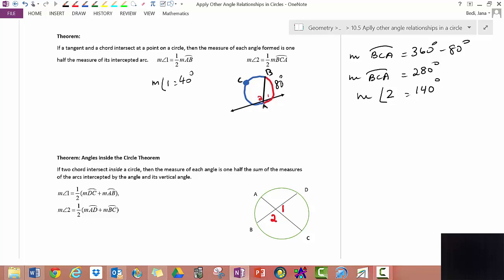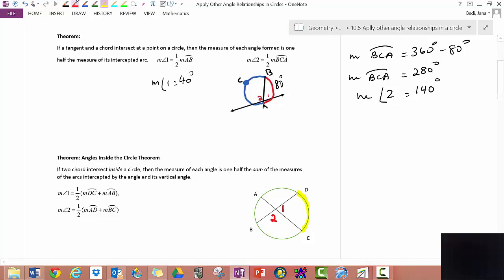Let's look at some angles that are created inside a circle when two chords intersect. The important thing to realize is that these chords are not intersecting at the circle, they are intersecting at any point inside it. So if we look at angle 1, then the intercepted arc is DC.